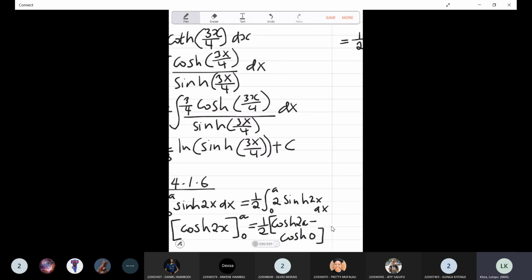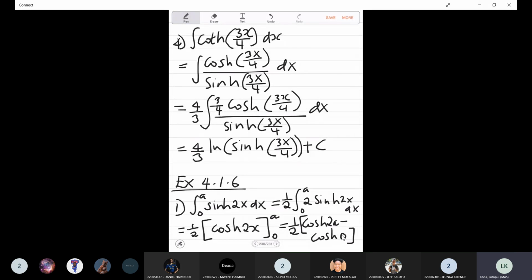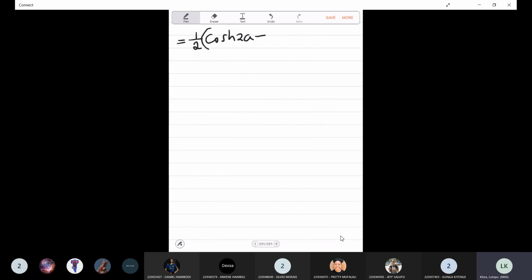And then hyperbolic cos of 0, that's e to the power of 0 plus e to the power of 0, which is 2 in the numerator, and then divided by 2, which is 1. So this is a half hyperbolic cos of 2a minus a half. That is your definite integral.